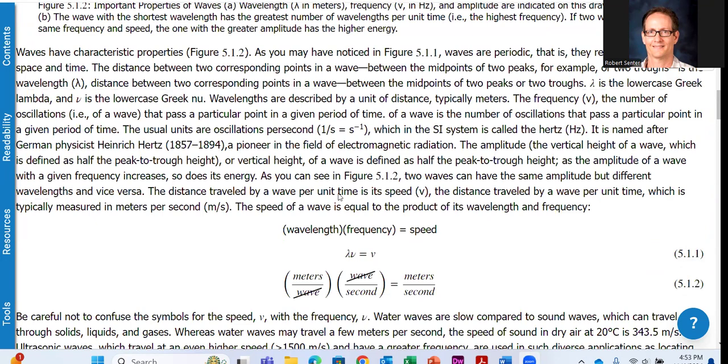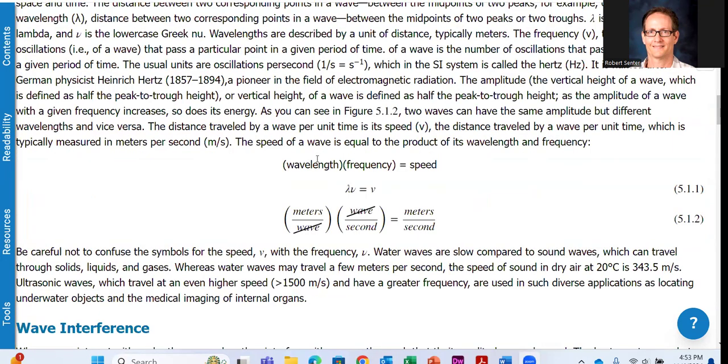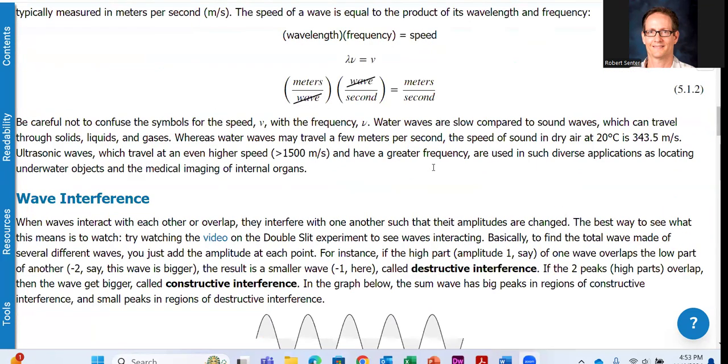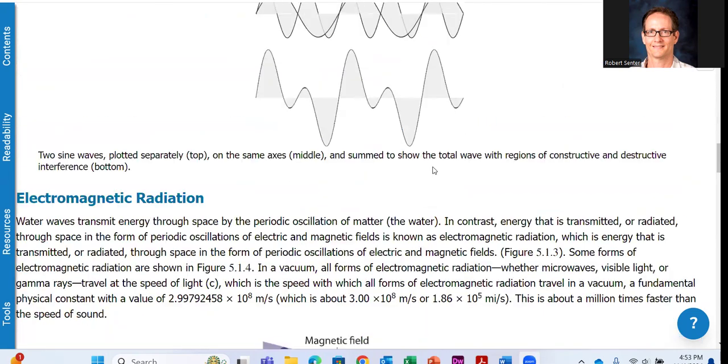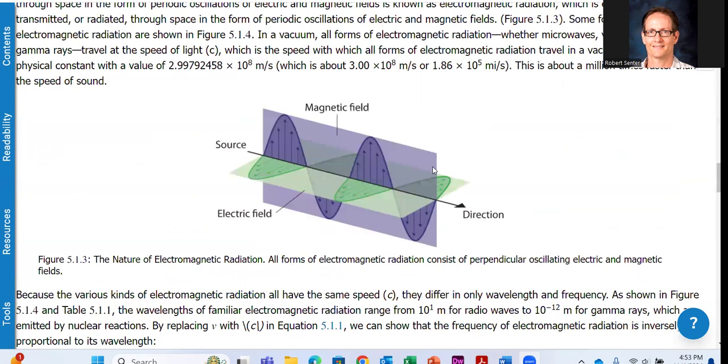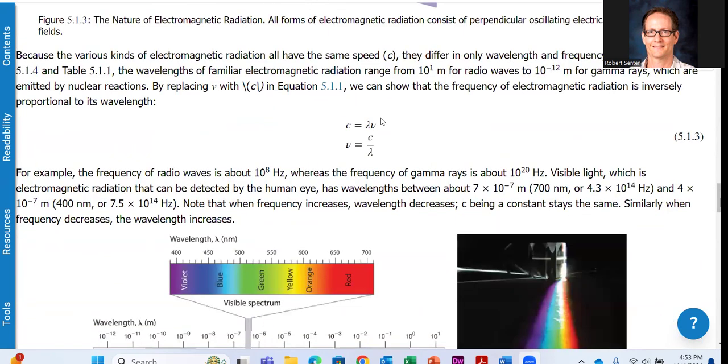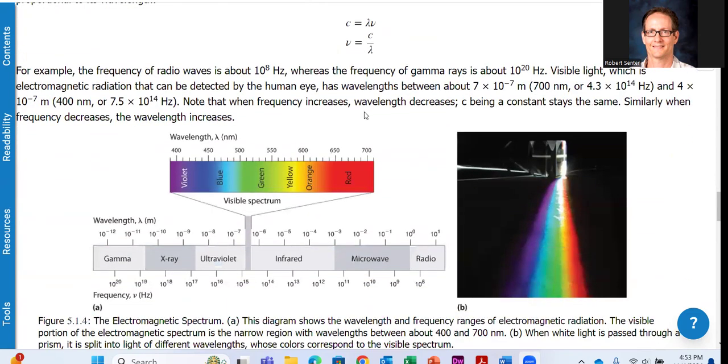The big idea in electromagnetic radiation is that wavelength and frequency, the product of those two, are always equal to the speed of light. It doesn't matter where you are on the spectrum for the different waves. Here it shows C equals wavelength times frequency, and those units will scale accordingly.